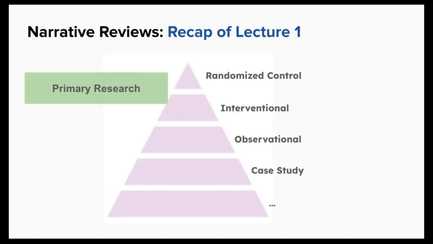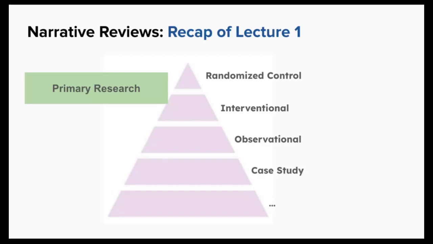However, when you do interventional studies, so maybe you're comparing one intervention for hypertension versus another intervention, you should also include a control group, or observational studies, for instance, where you're simply observing the outcomes of potentially one particular type of intervention. You can see as we go down the pyramid that the rigor that goes into the particular methods isn't quite as extreme as it is at the top.